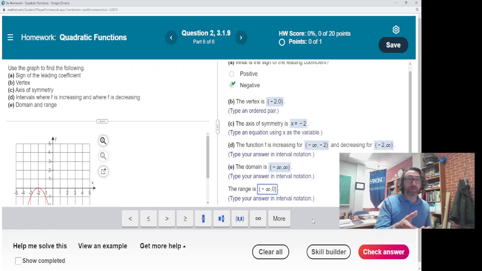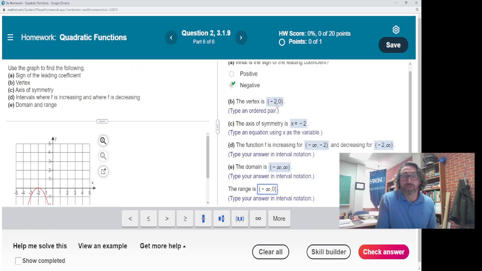If we look back to the video that we did on interval notation, we'll see that the square bracket indicates that value is included in the set, and we can see we can get an output value of 0. You put -2 into the function, you get 0 out. That's what it means for -2, 0 to be on the graph.